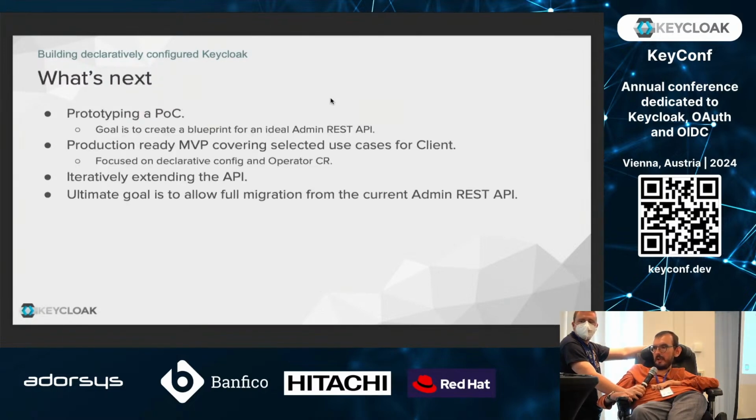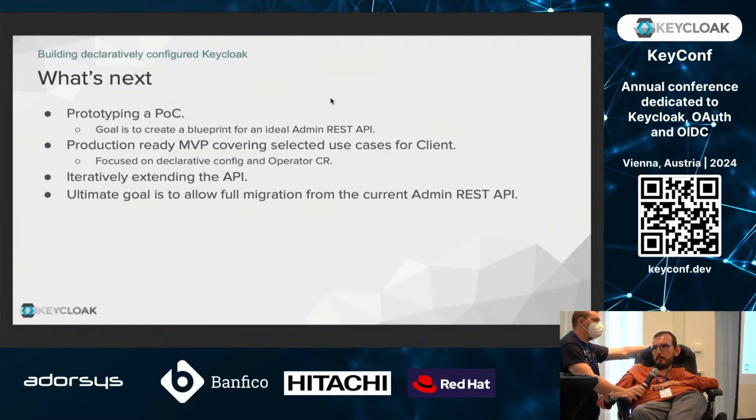So what's next? We are currently prototyping a proof of concept around this in the team. The goal is to create sort of a blueprint for the ideal API, how it should look, how it should work, right?